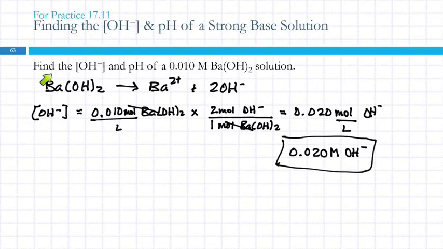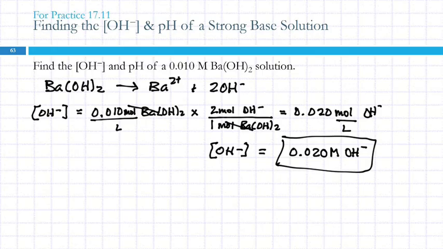So we can write the equation for the dissociation of the strong base, and we can calculate it like this using stoichiometry. We know the concentration of the base, and we know there's 2 moles of hydroxide for every 1 mole of the base. Do you have to write all that out? No, you don't. But that's kind of the thought process behind it. In this problem, you'd need to notice that there's a 2 here, and so you're going to multiply this concentration by 2. So that's the hydroxide ion concentration.